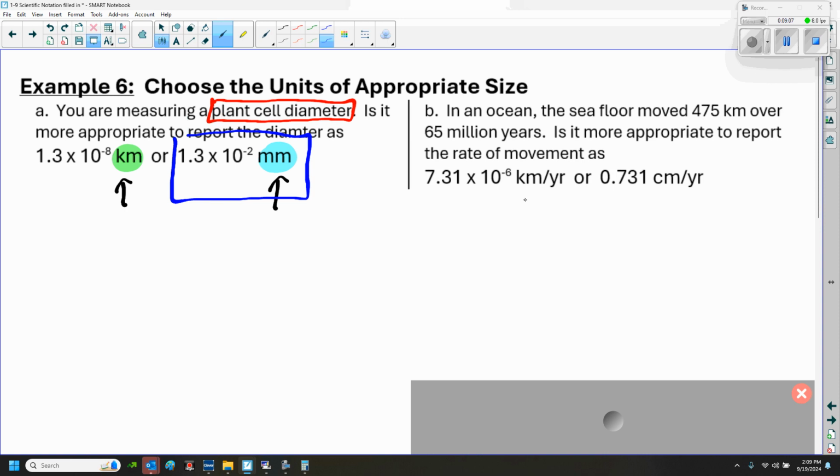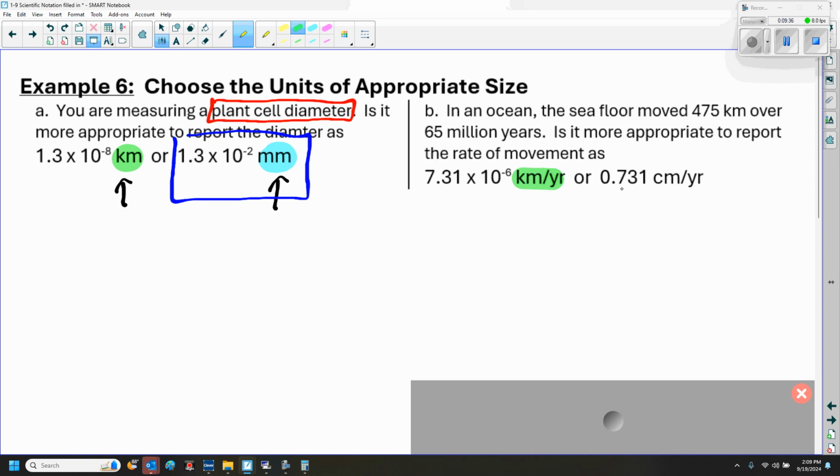Okay? In example 6b, it says, in an ocean, the seafloor moved 475 kilometers over 65 million years. Now we want to know, is it more appropriate to report the rate of movement as 7.31 times 10 to the negative 6 kilometers per year?